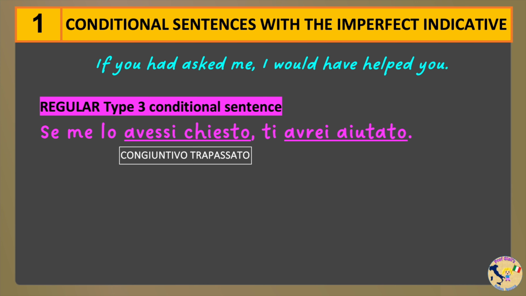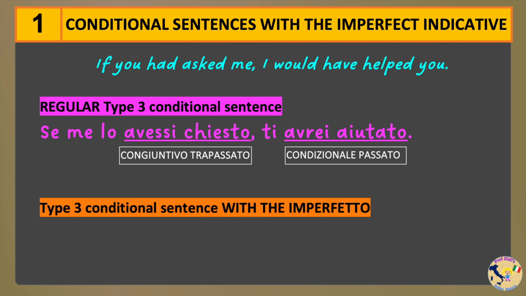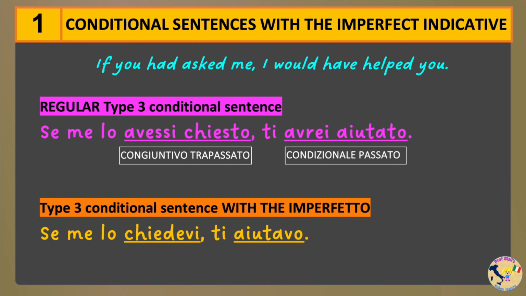Here we have the congiuntivo trapassato, past perfect subjunctive, in the subordinate clause, and the condizionale passato, past conditional, in the main clause. But if we are engaged in informal conversation, we can use the type 3 conditional sentence "Se me lo chiedevi, ti aiutavo," where the imperfetto indicativo, imperfect indicative, is used in both the subordinate and the main clause.